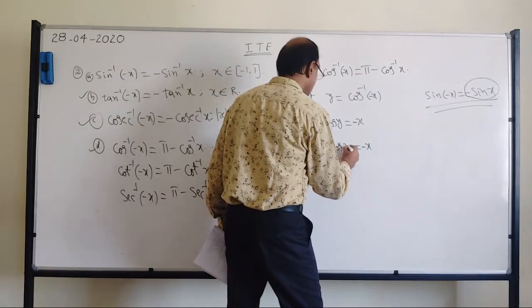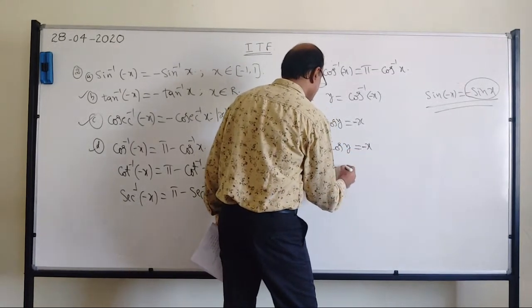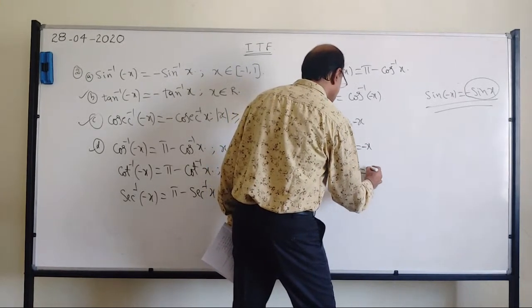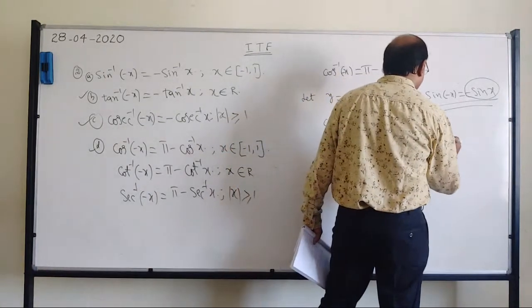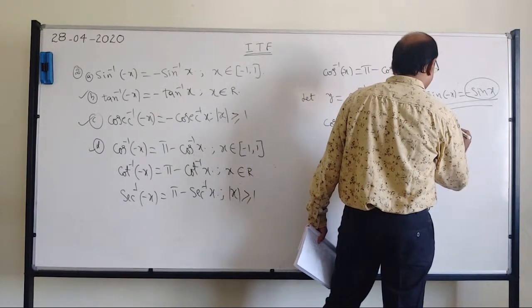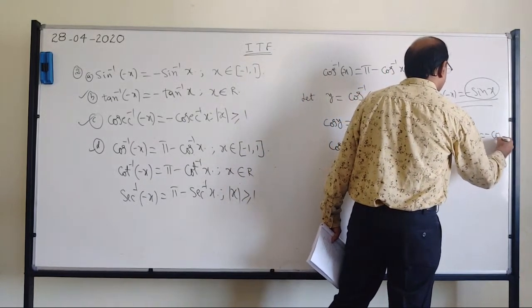Cos y. Now what happens? Minus, if I send it here, minus cos y equals x. So minus cos y, you know this property. When will you get a minus cos y? That is cos of pi minus y is minus cos y.